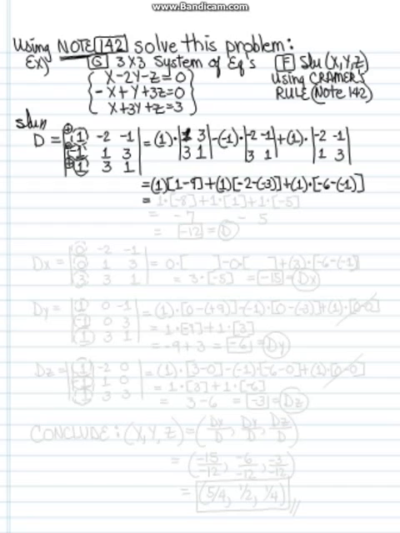So that's equal to 1 times -8 plus 1 times positive 1 plus 1 times -5. Just watch out for those double negatives that become positives. So that gives me -8 plus 1 is -7, minus the 5 equals -12. That is my D value.